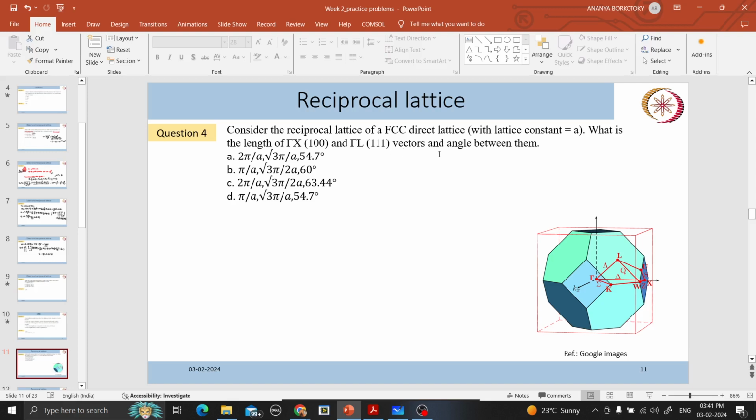Consider the reciprocal lattice of FCC direct lattice with a lattice constant a. What is the length of the gamma-X and gamma-L vectors and the angle between them? You can refer to the lecture notes, because this was already covered. I will wait for one or two minutes and you can give me the answer.